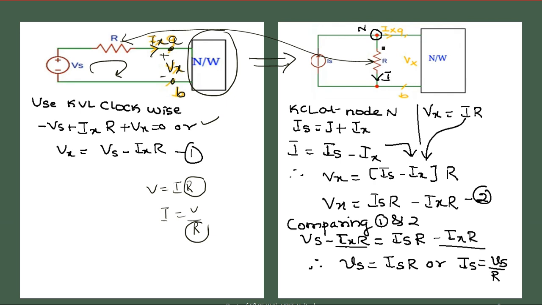So if I assume here this node N, and if I assume that current is I, which is flowing through that branch, and other parameters are the same, still we have the node A here, point A and point B, and the voltage drop across this is still the same, Vx. So by KCL I can write Is is equal to what now? I plus Ix, because Is is this current which is entering, I is this current which is leaving, and Ix is also a current which is leaving.